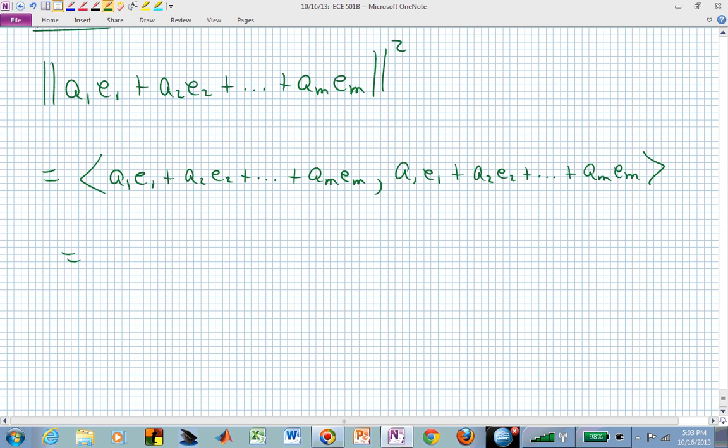Then I'm going to repeat that for A sub 2 E sub 2. It needs to be inner product with everything in the second slot. Let me show you what I'm trying to do here.